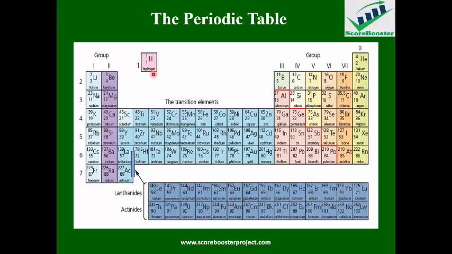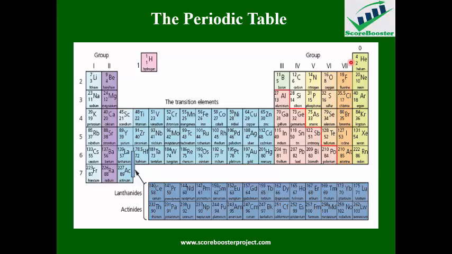Don't forget, during our discussion on the periodic table, we justified the reason for putting hydrogen in group 1 and hydrogen in group 7. As a form of emphasis and a reminder, we said, since hydrogen contains one electron, and the number of electrons in the outermost shell determines the group to which an element is placed on the periodic table, hence, hydrogen can be placed in group 1 because it has one electron.